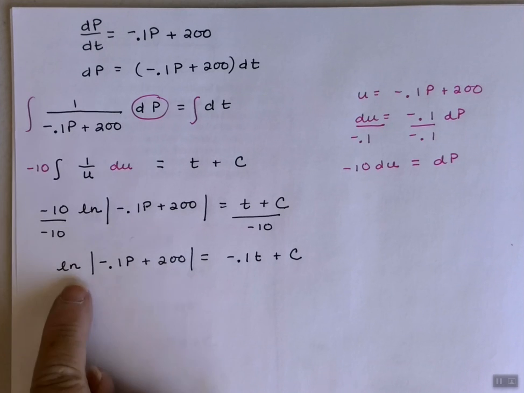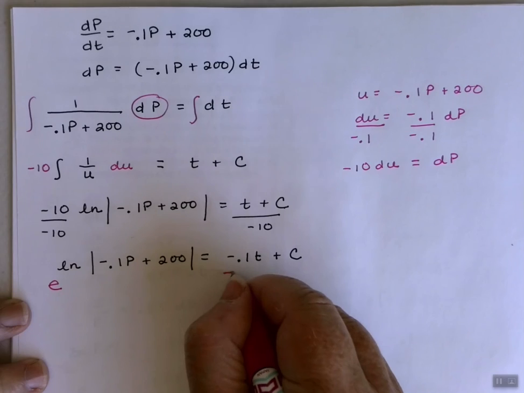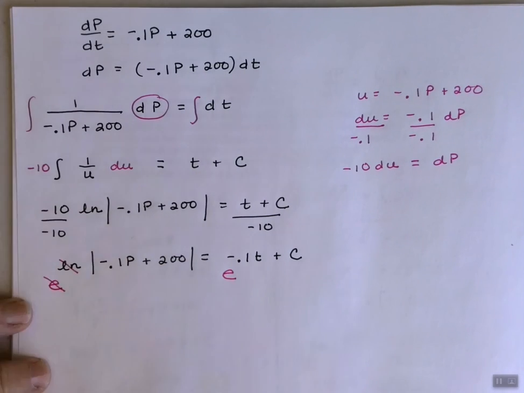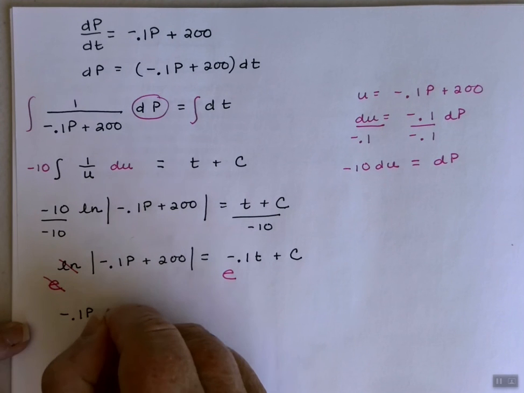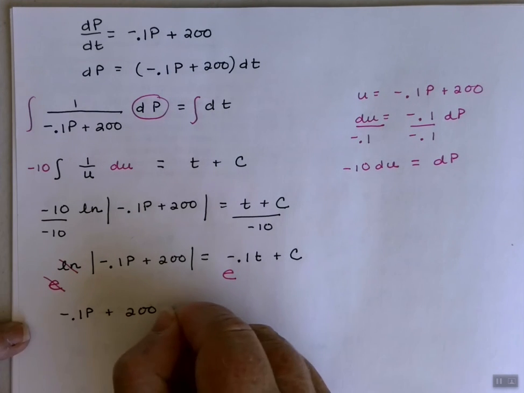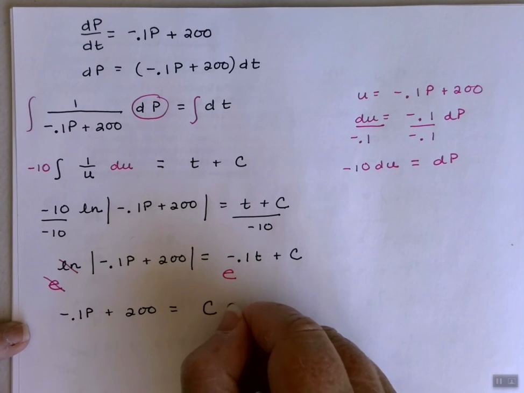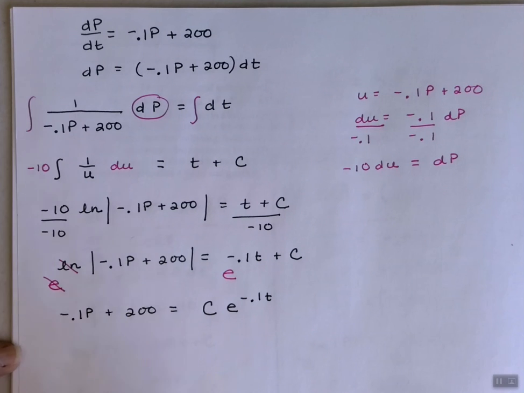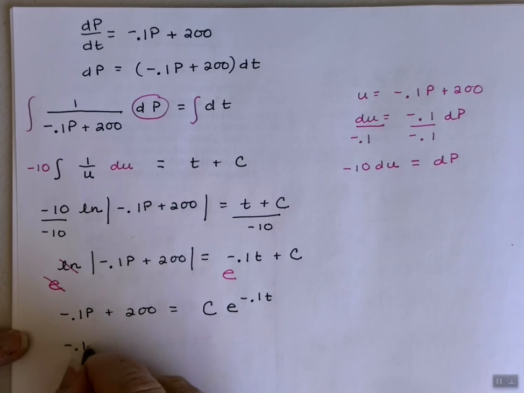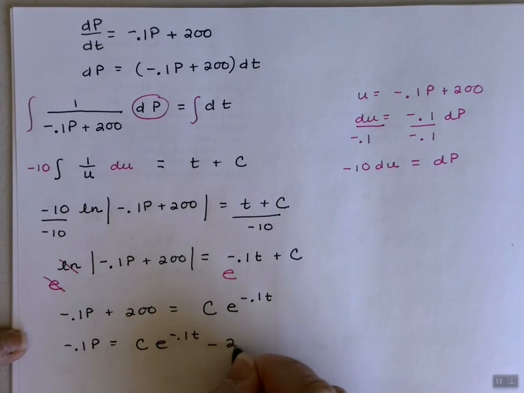And I need to get rid of the ln, so let's exponentiate both sides. Negative 0.1p plus 200 equals, I'm going to do the same little trick with the c, c e to the negative 0.1t. Negative 0.1p would equal c e to the negative 0.1t minus 200.